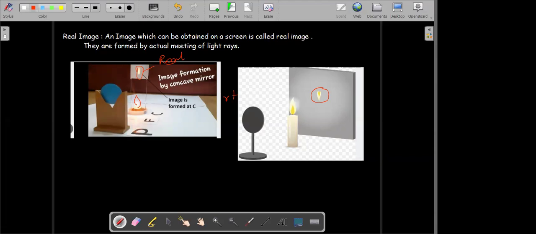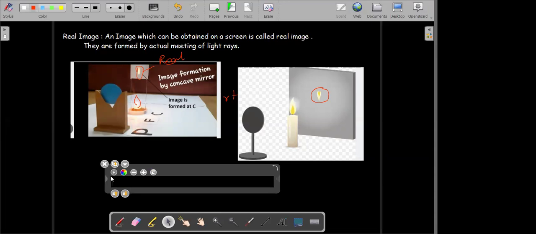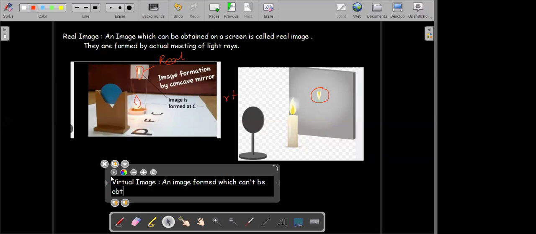Then what is a virtual image? An image formed which can't be obtained on a screen is called a virtual image.